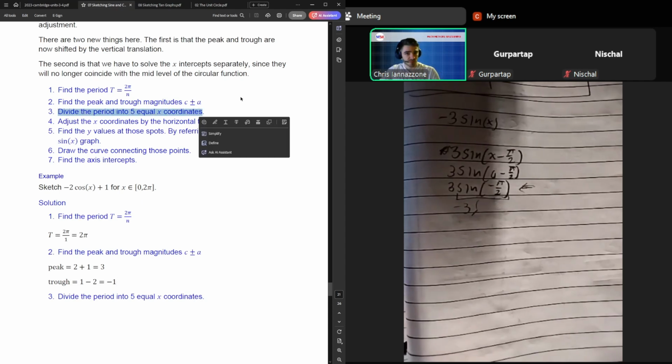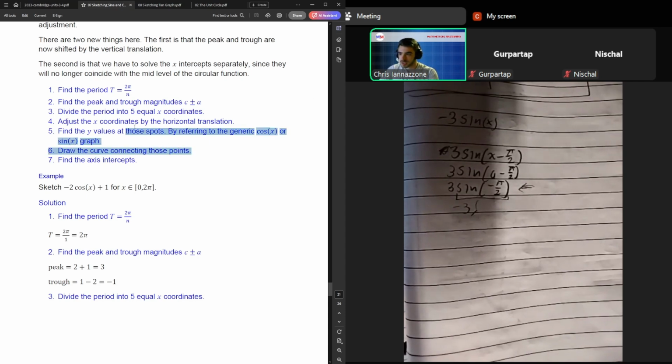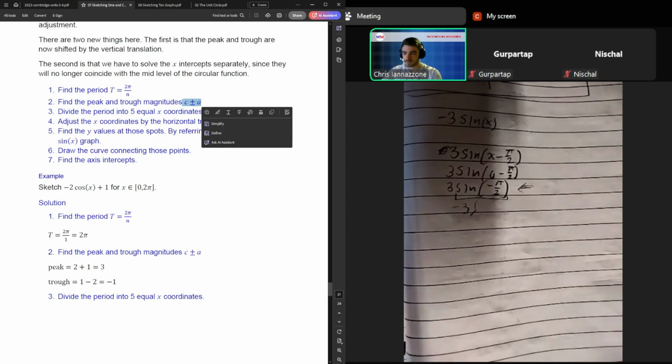Step 3 doesn't actually change, right? That whole step 3 and 4, that's exactly as we've talked about before, which is divide it into 5 and then shift it according to the horizontal translation. Step 5 is again just dotting out those key features. And then step 6 is drawing the curve. So pretty much everything from here, except this little change, is what you've already done previously.